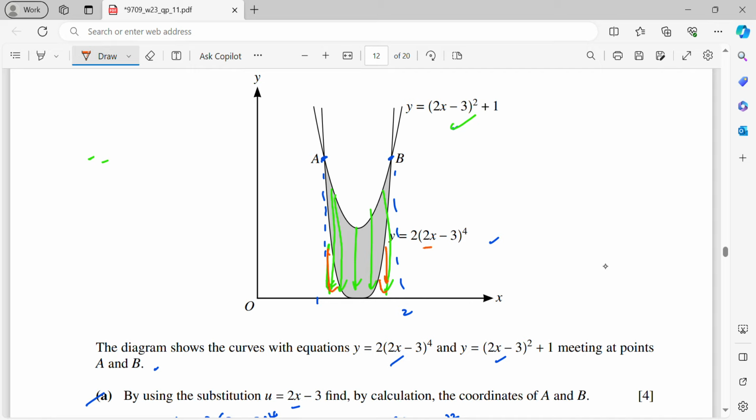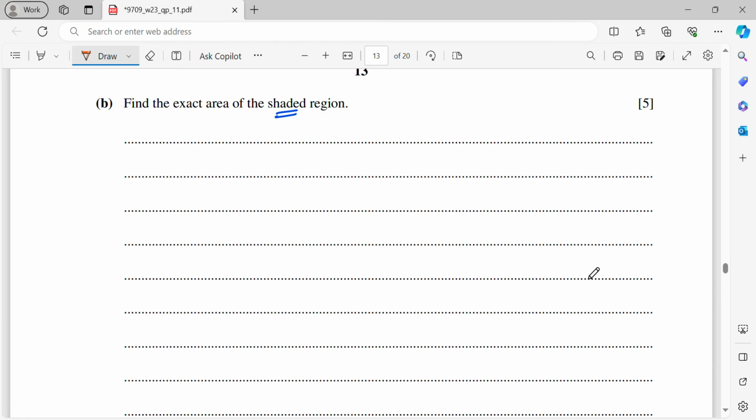So the upper graph is (2x minus 3) squared plus 1, this area minus the lower graph. And then your limits will be from A to B.